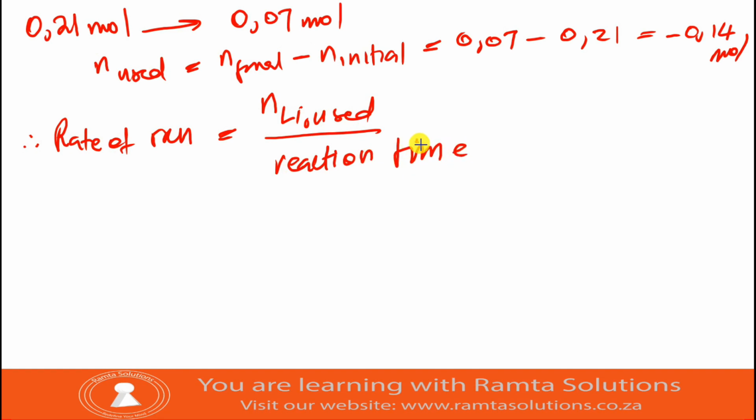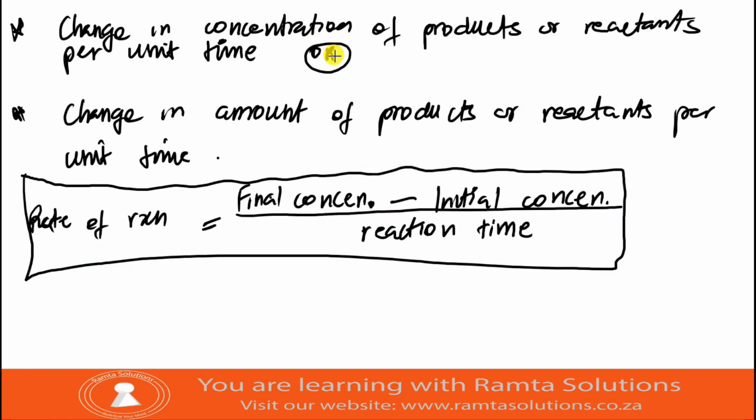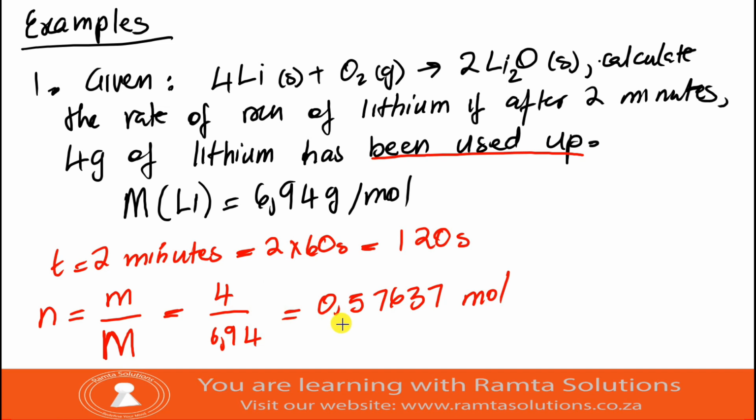I do understand that the formula looks a bit different to what I gave you. It's okay to also use it. So the number of moles of lithium used was 0.57637.